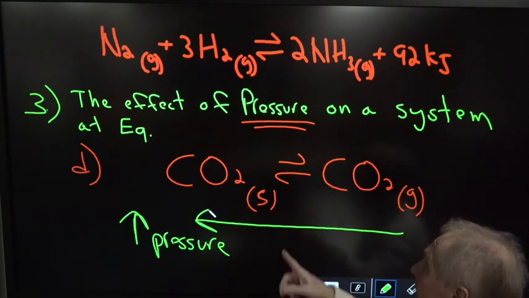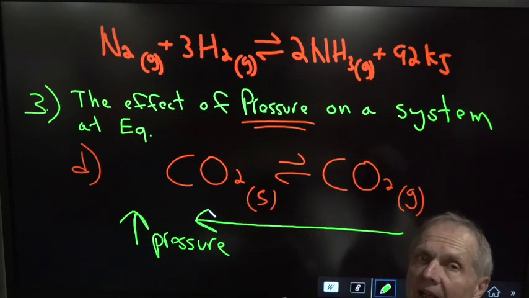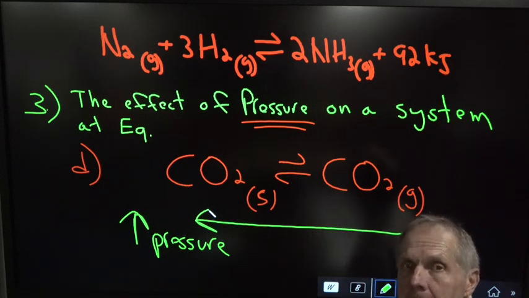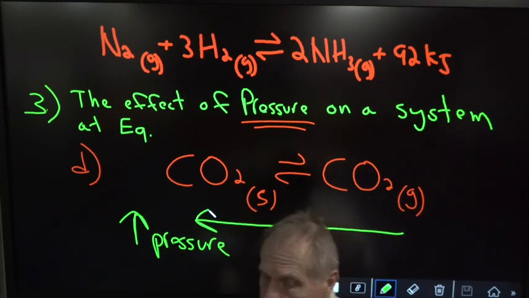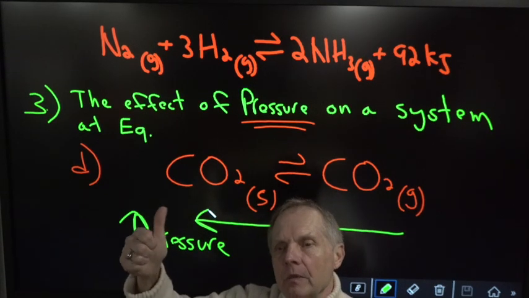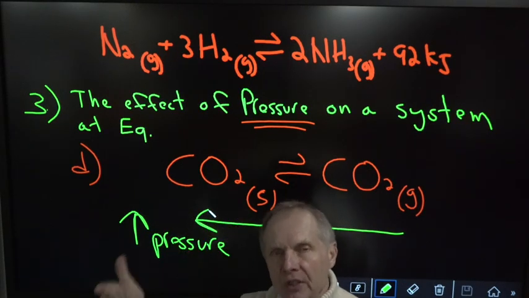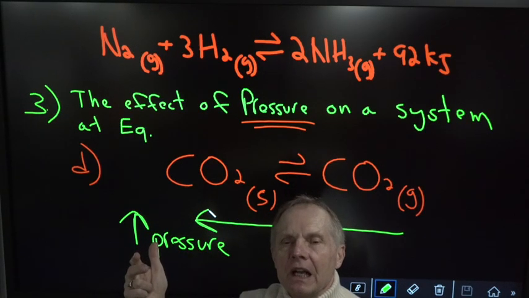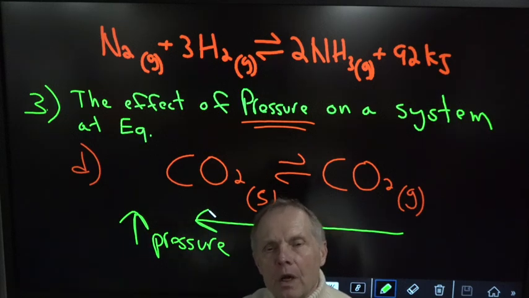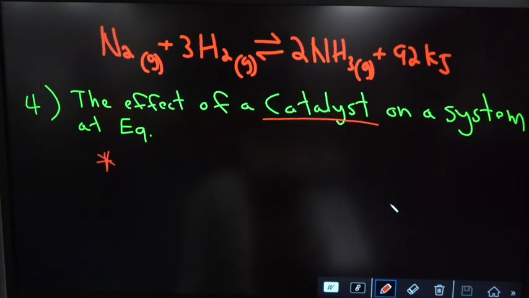Just remember, if it's not an all-gas system, the reaction will fire away from the gas if the pressure is increased. So now we've gone over effective concentration on a system at equilibrium, effective temperature on a system at equilibrium, effective pressure on a system of equilibrium, and the last one is the easiest one, the effect of a catalyst on a system at equilibrium.